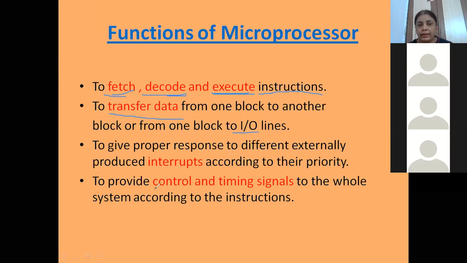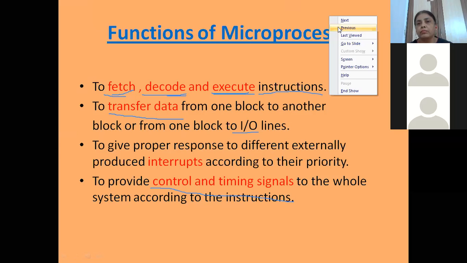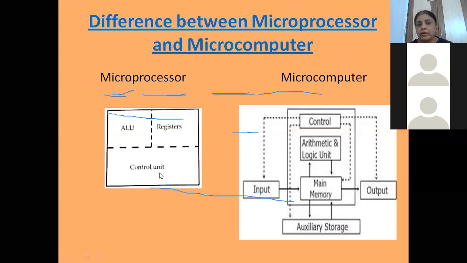Now I'm going directly to the fourth point. Third point I'll explain later. Control and timing signal. If you have seen in the previous slide, the block diagram of microprocessor, we have the control unit. I have already explained what the control unit is. It provides timing and control signal.